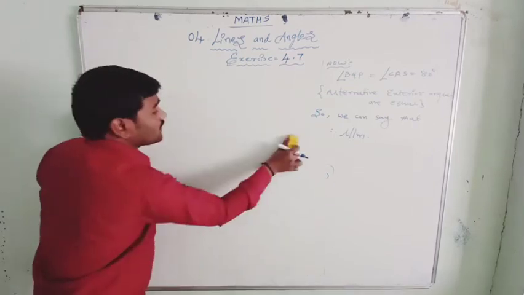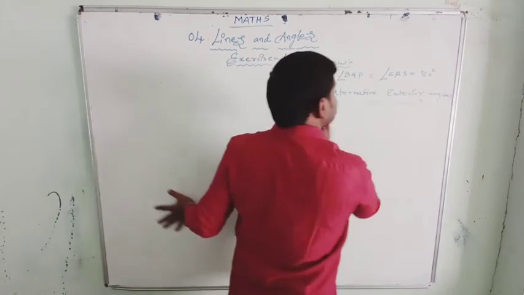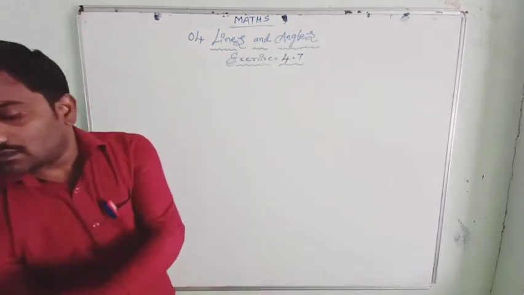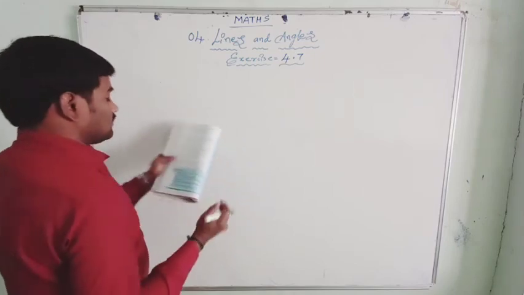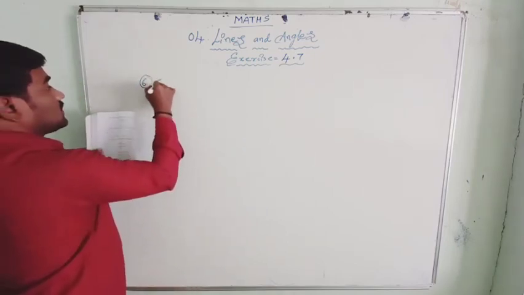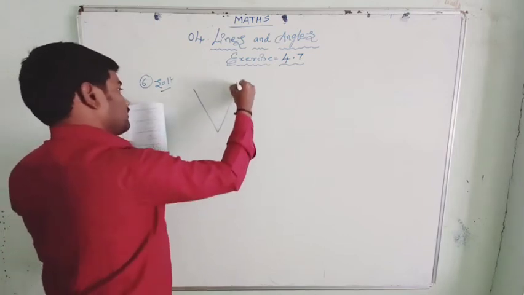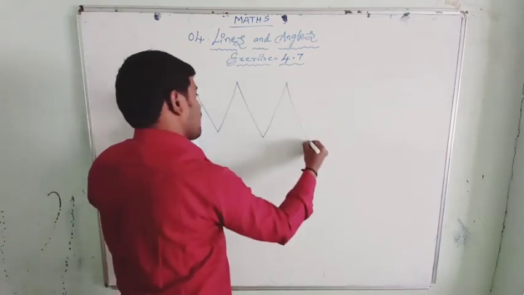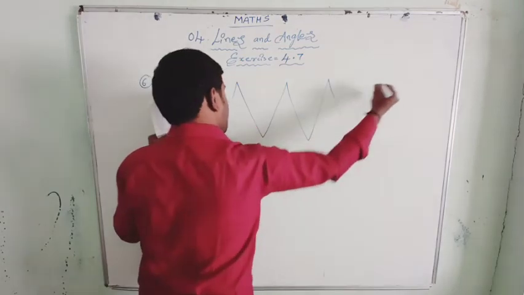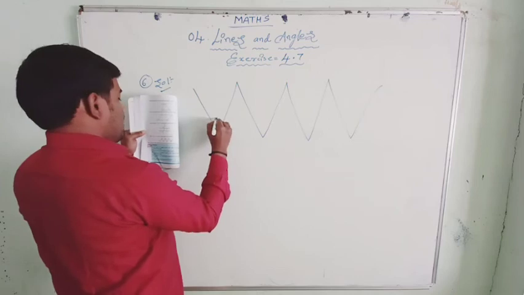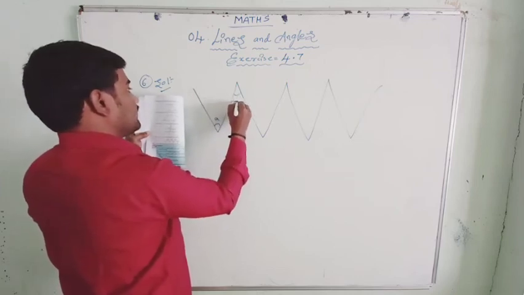And the next one, the last question of this exercise, is question number 6. Now here angle A is 50 degrees.